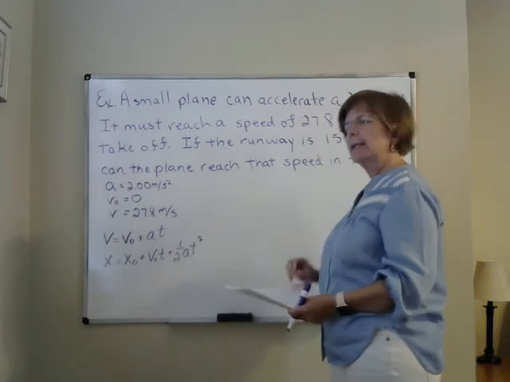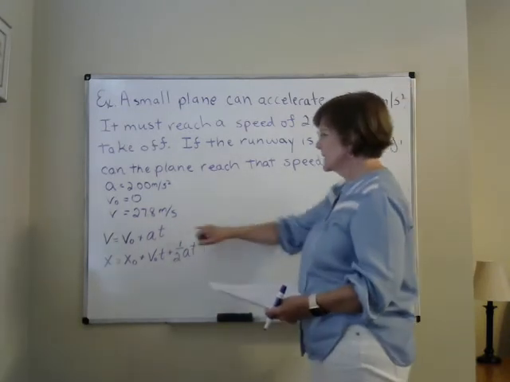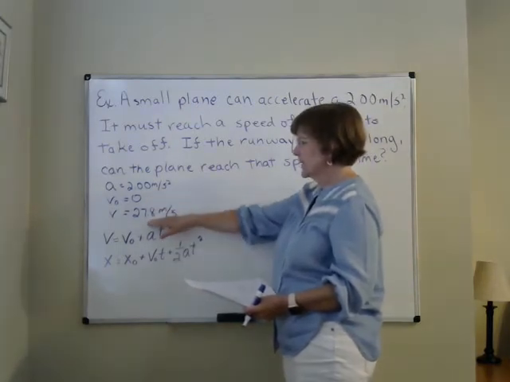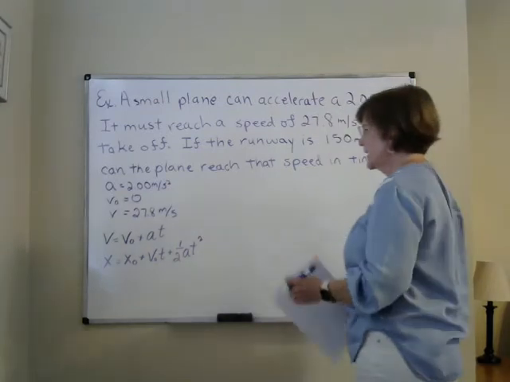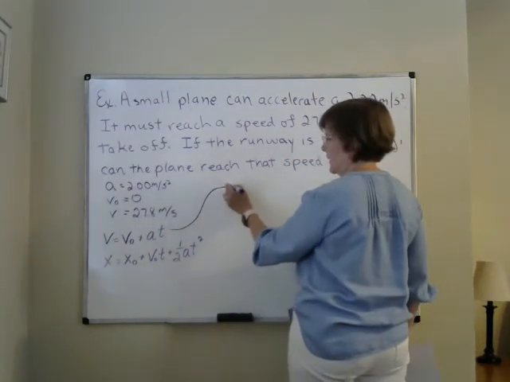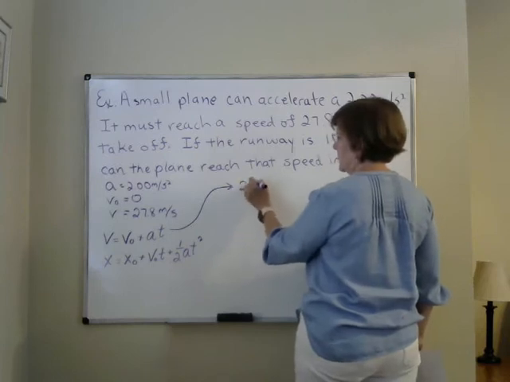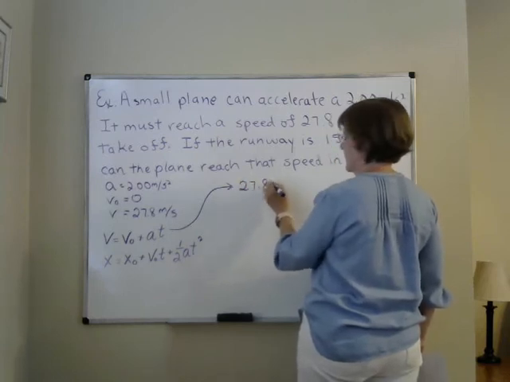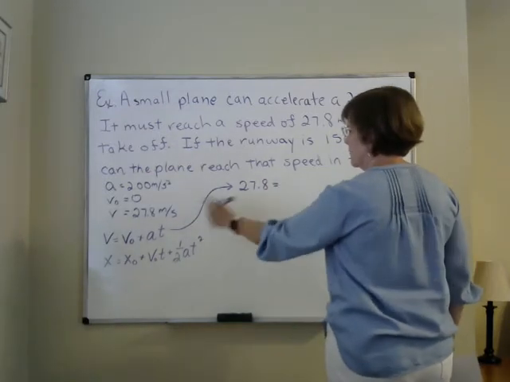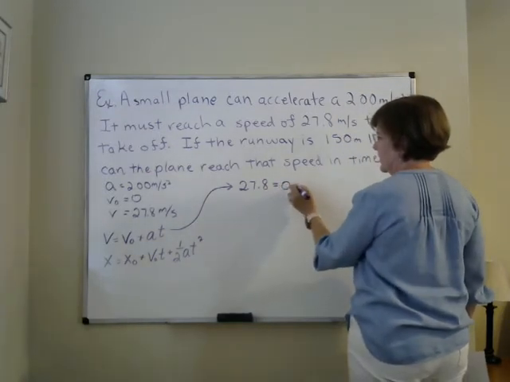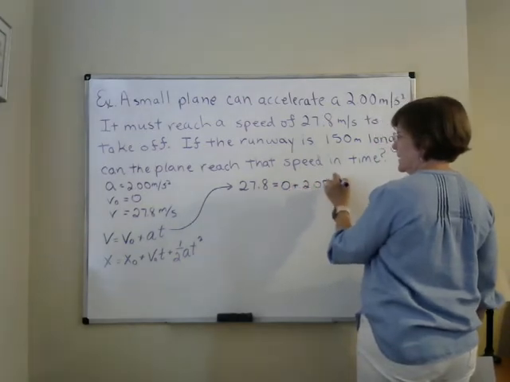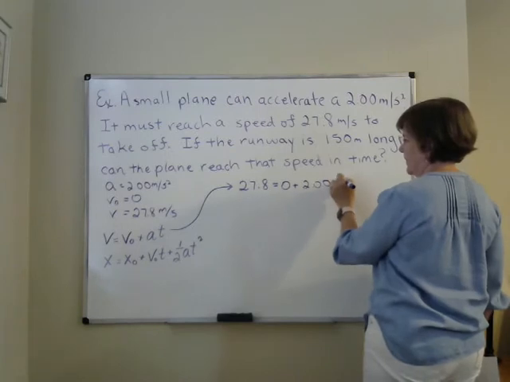It would be really easy to see how long it's going to take me to go from a speed of 0 to a speed of 27.8 meters per second. So I'm going to take this formula and plug in. V is 27.8. That has to equal the initial velocity, which is 0, plus the acceleration, which is 2, times the time.